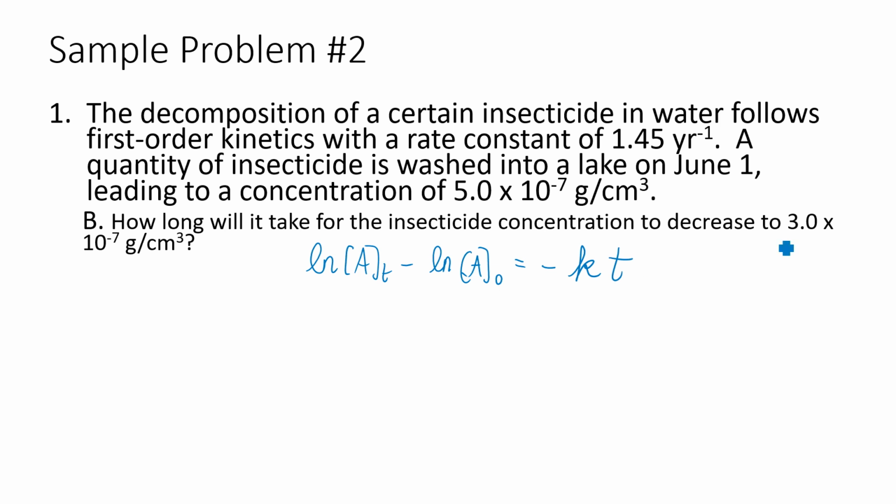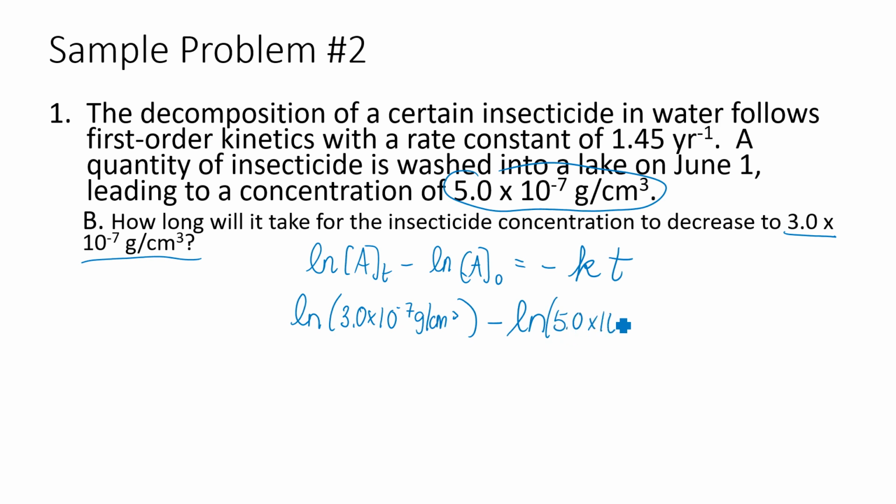We want to know how long it will take to decrease to 3 times 10 to the negative 7 grams per centimeter cubed. That's our ending concentration. The initial concentration was 5 times 10 to the negative 7 grams per centimeter cubed. And the value of k was given. Remember, the rate constant is 1.45 years to the negative 1. Time is our unknown in this case.